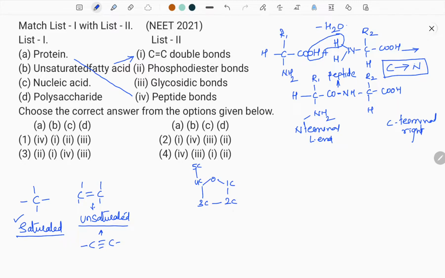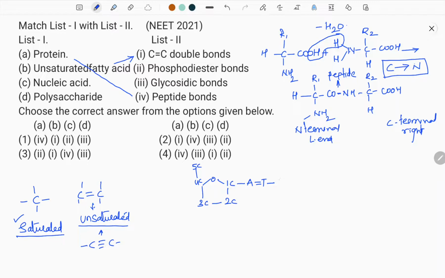So I drew the diagram of the deoxyribose sugar molecule, that is C5H10O4. I was telling you that to the first carbon of the sugar a nitrogen base is attached by the glycosidic bond.